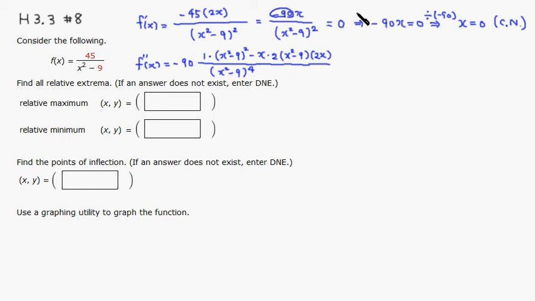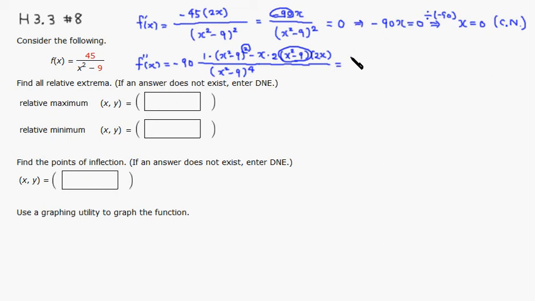Then what we need to do is try to factor out the common factor. You can see that there's x squared minus 9, there are actually two of them right here, and the second term has x squared minus 9 as well. So I'm going to pull that out.